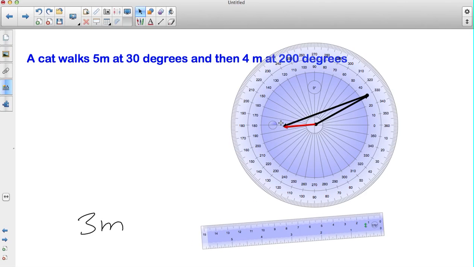It's probably going to be a little easier if I draw a line right off that and extend it. So I'm going to draw a little dotted green line through this red line to help us out. And you can see that this is 180, this is 185, maybe 184 degrees. So we're at 184 degrees.